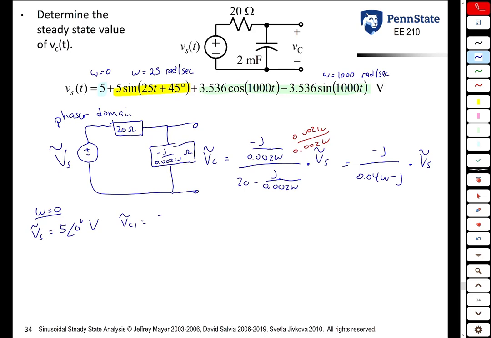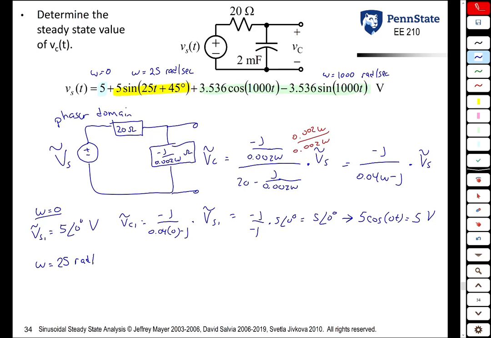It's going to be minus j over 0.04 times 0 minus j times Vs1, which is minus j over minus j times 5 at an angle of 0 degrees, which is 5 at an angle of 0 degrees. So in the time domain, it's 5 cosine of 0t, or 5 volts.